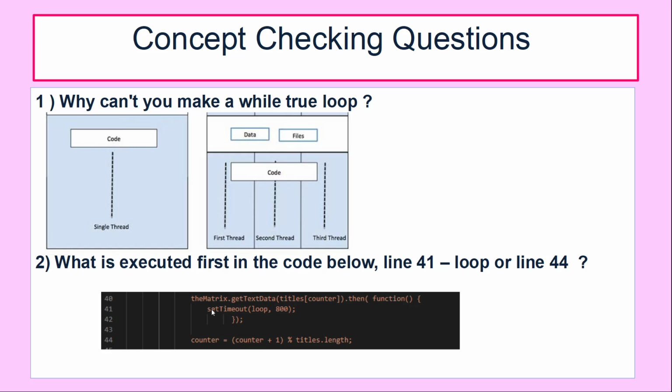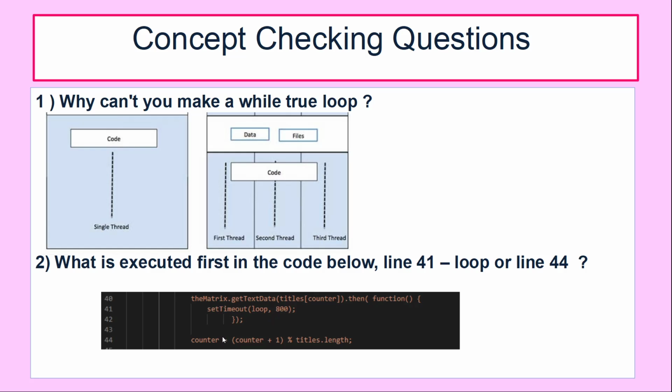What will happen is that the JavaScript processor, the single thread, will look at this and say, hang on, this is not something that I need to execute. I'm going to send that on to the API processor. And then the JavaScript processor will continue down. And then the API processor will process this set timeout.